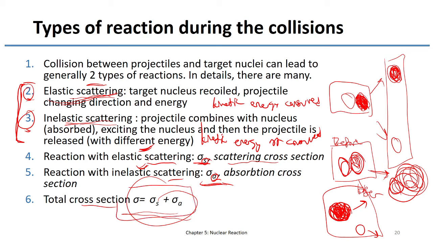You will sum both types of reaction to come out with the reaction rate. So the total cross section is the sum of the scattering cross section and the absorption cross section.